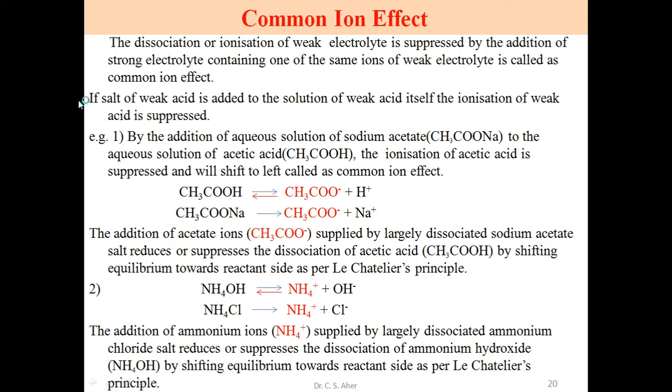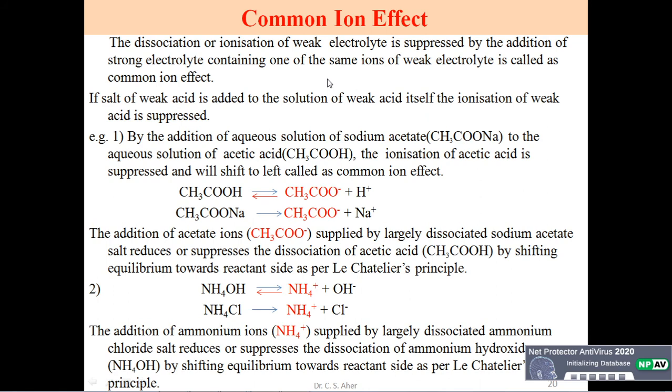So what is that effect here? If a salt of a weak acid is added to the solution of the weak acid itself, the ionization of the weak acid is suppressed. We have the weak acid solution, this weak electrolyte.